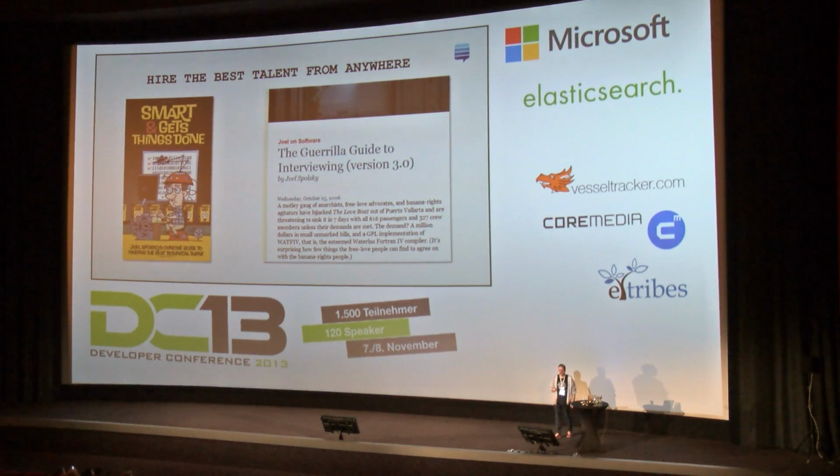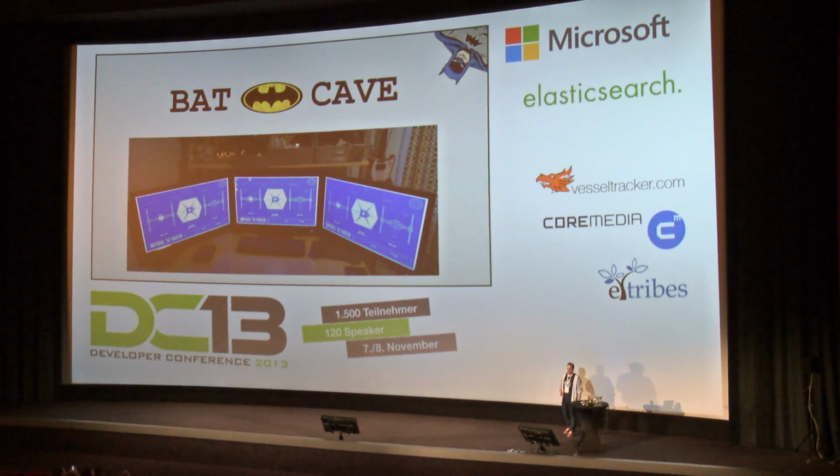Another thing, tools. So the bat cave. This is not my bat cave, someone else's, but I did find a symbol eventually. So tools, right? As developers, we need tools. We need to have a nice computer with 2 screens, 3 screens. A lot of people are stuck with just 1 screen.